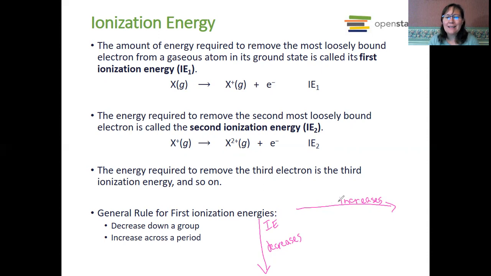Okay, so as it increases, it means it's harder to remove an electron, and decreases means that it's easier to remove an electron. And the easiest electron to remove is down here, and the hardest electron to remove is up here with fluorine.